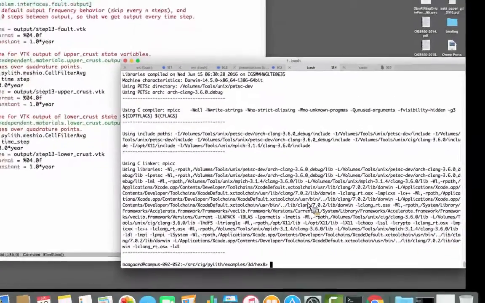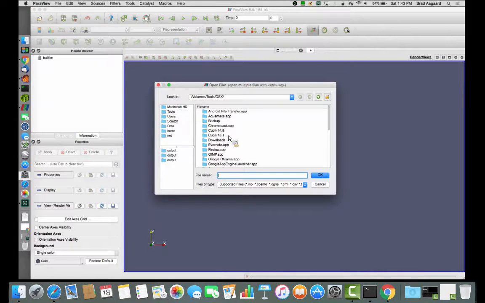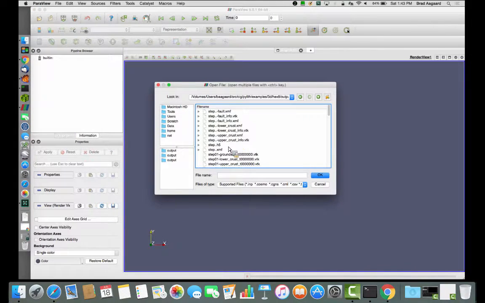So this ran, so let's look at the results. We are in step 13. This is an example of VTK files with multiple time steps. Here we have a bunch of time steps. To load them all simultaneously, in the XMF files with HDF5 files you just load them all up in a single file.